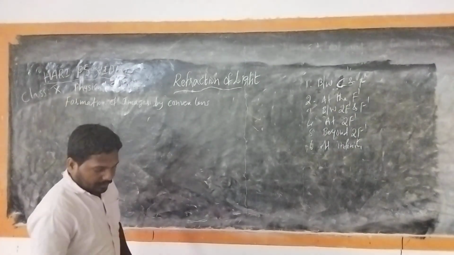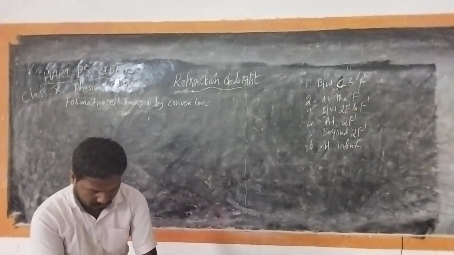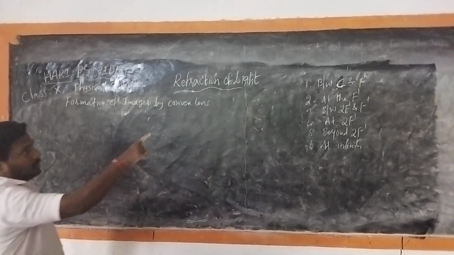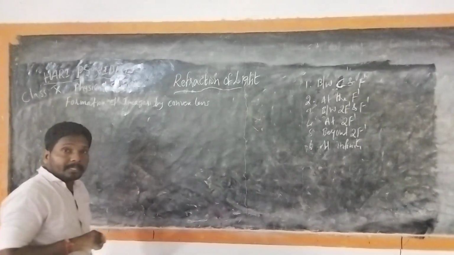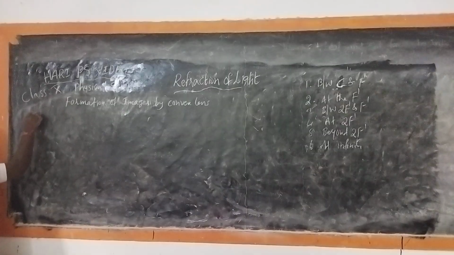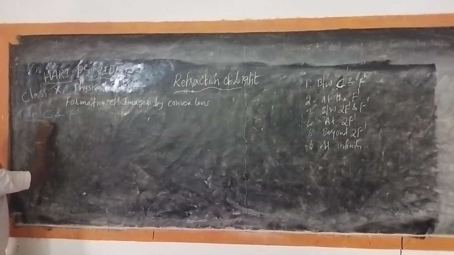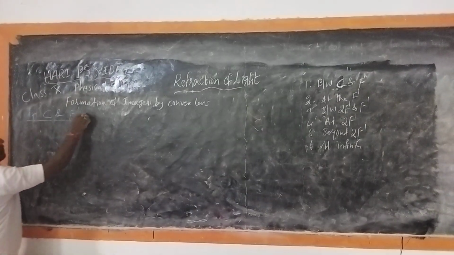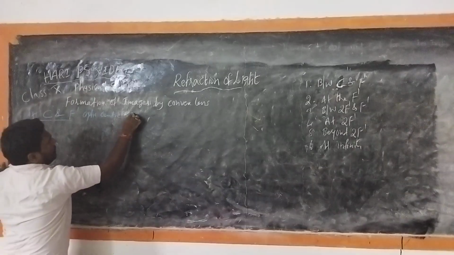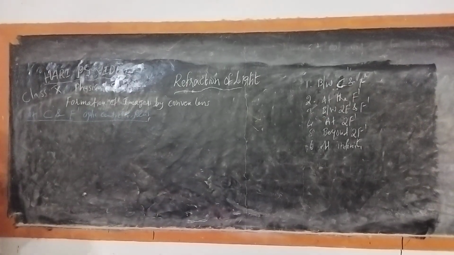What is the first one? Between optic center and the focus, where is the image formed?